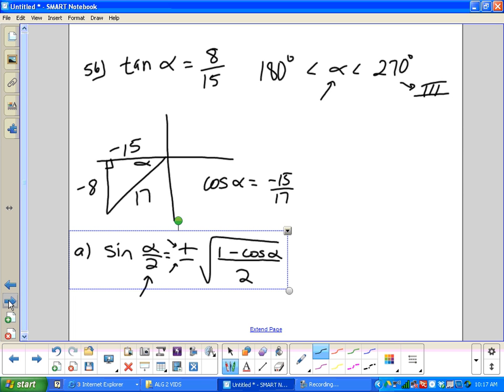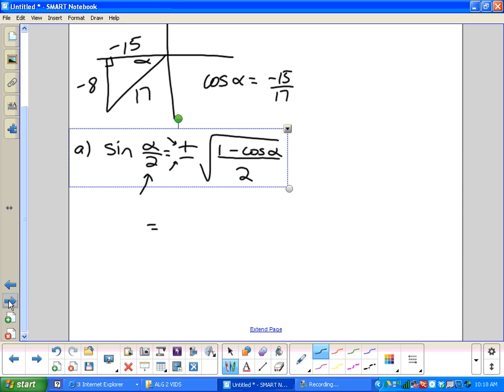And you see how you could really get yourself screwed up there? So with all these triangle problems, you're really not going to look at what quadrant you're in for the half angle. The half angle is going to be in a different quadrant. I guess the only time it would stay in the same quadrant is if it was in the first.